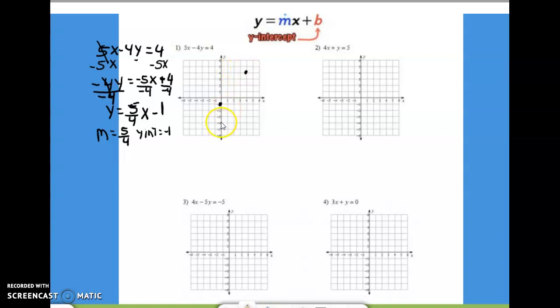All right, ran out of room, so let's go back and see if I could squeeze another point and go in the opposite. So instead of going up and to the right, I'm going to go down. 1, 2, 3, 4, 5. And to the left, 1, 2, 3, 4. And there's my line.